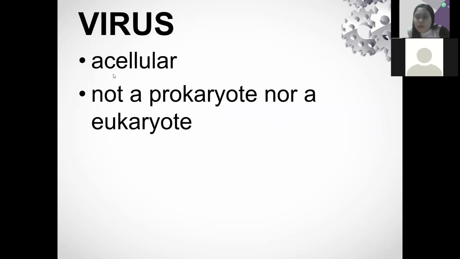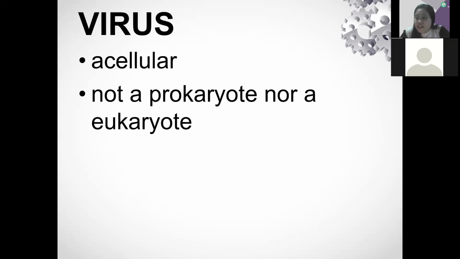Now, how about the virus? The viruses, just like the SARS-CoV-2, which causes COVID-19. When you say virus, they are acellular, meaning they are not cells. They don't have cells. They are neither prokaryotes nor eukaryotes. So acellular ang virus.